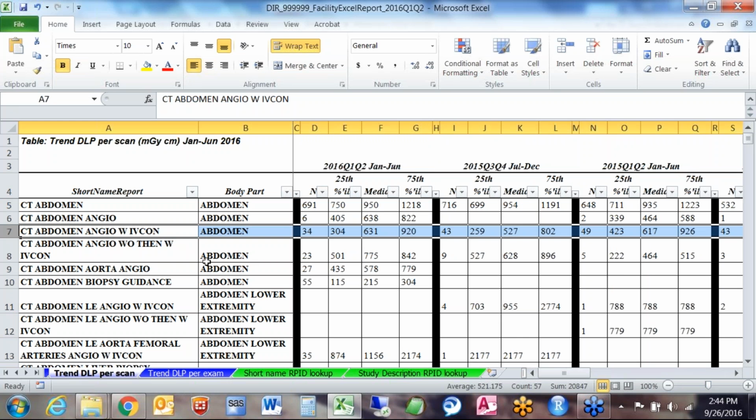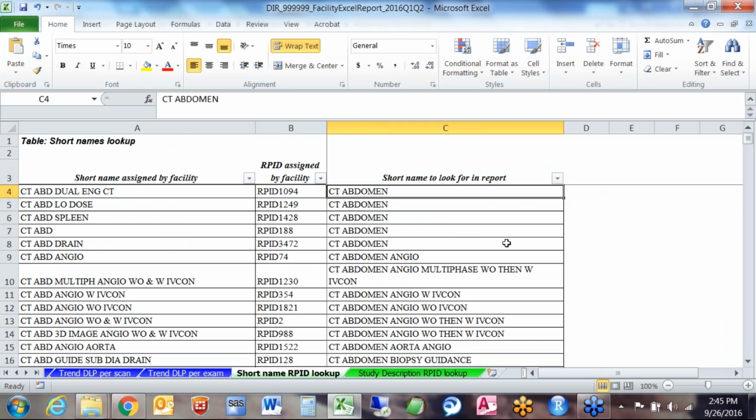So if you want to compare two periods, say I want to compare 2015 Q3 Q4 with 2016 January to June, I can see that it actually changed and it actually increased. That way you can compare your values over time, and you can compare for all 6 dose indices. Now, those 2 green protocols are kind of mysterious, right? So short name RPID lookup.